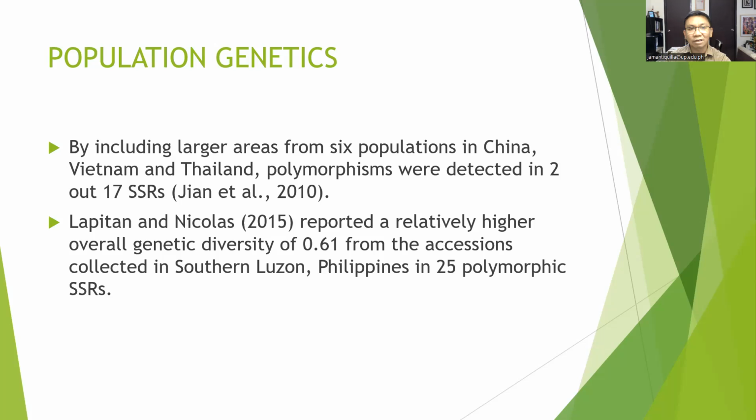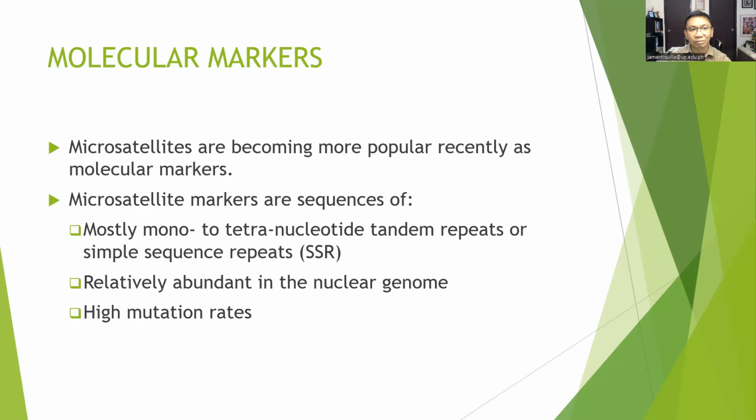In fact, Lapitan and Nicolas reported considerable genetic diversity from the accessions they collected from southern Luzon in the Philippines using 25 polymorphic SSRs. So we pursue the use of microsatellites, or simple sequence repeats (SSRs), as molecular markers because they are not only popular, but are also useful in population studies and evolutionary processes.